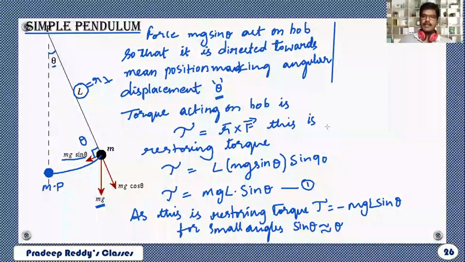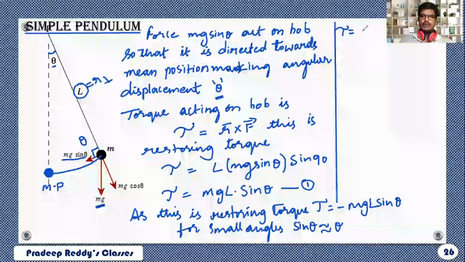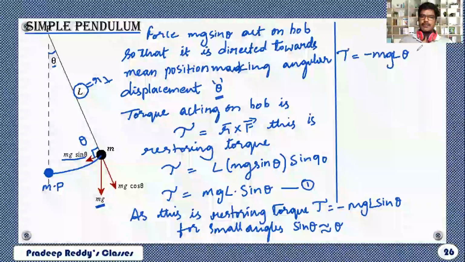Sine theta can be written as theta for very small changes in the angle. So I can write torque tau is equal to minus mgl into theta, right? That is equation number 2.